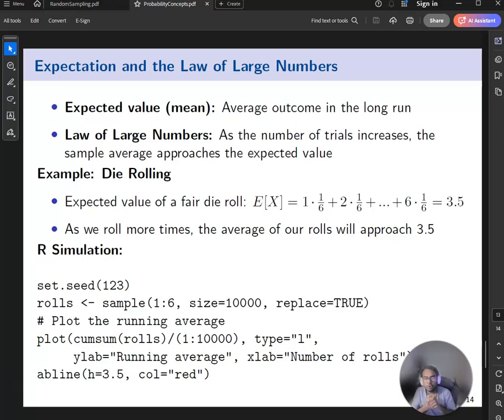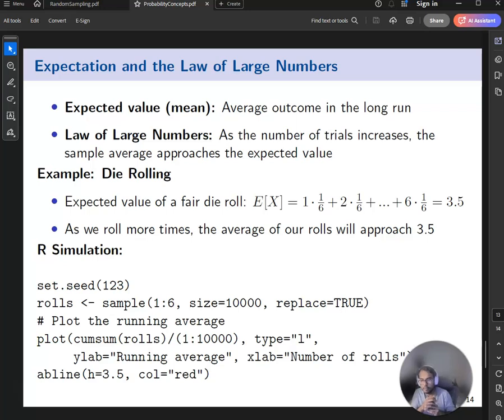In probability, and more so in probability distribution, one term that people use often is expected value. The expected value, which is also the mean, is the average outcome we expect in the long run if we repeat an experiment many times. It is the theoretical average of a random phenomenon.